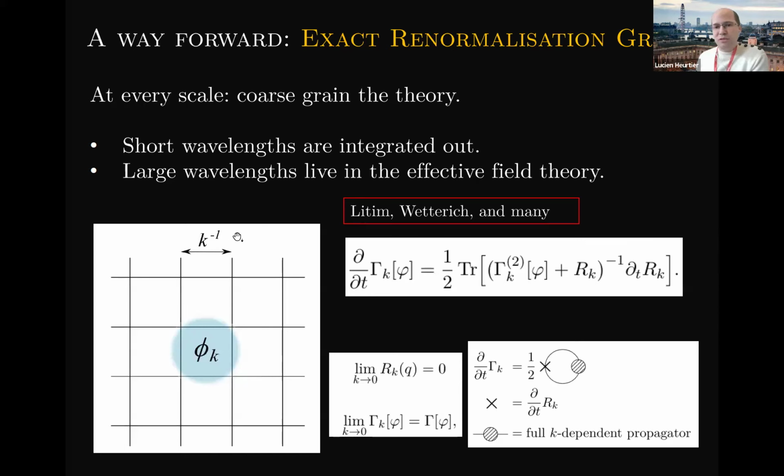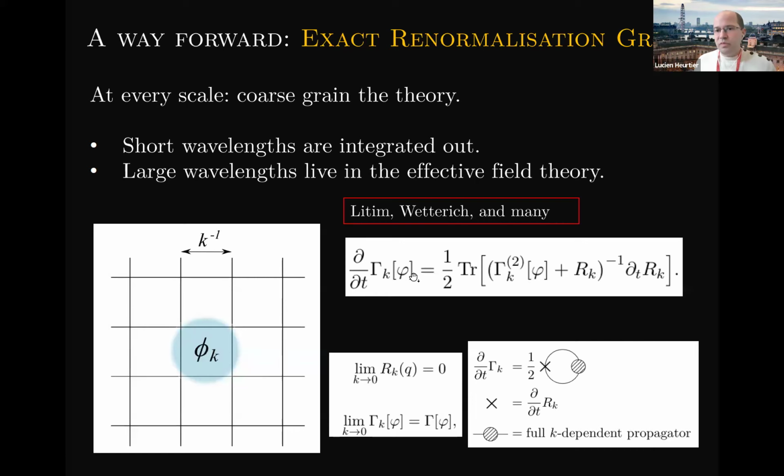That means you may start with a classical field theory, say at k goes to infinity, so no coarse graining at all, point-like physics. Then slowly you increase the size of your coarse graining, meaning that you are integrating out more and more fields in the UV, and your IR modes, the large wavelength modes, are living in an effective field theory in which the UV modes have been integrated out.